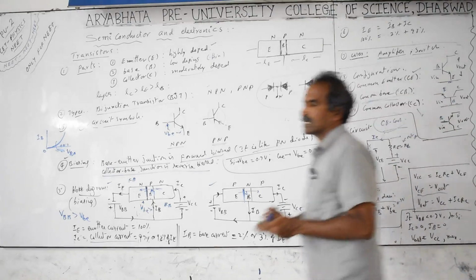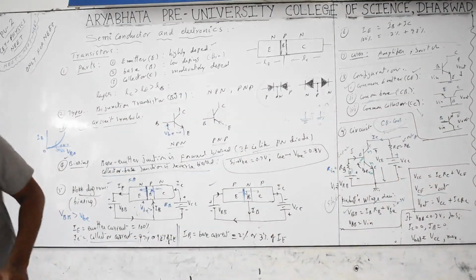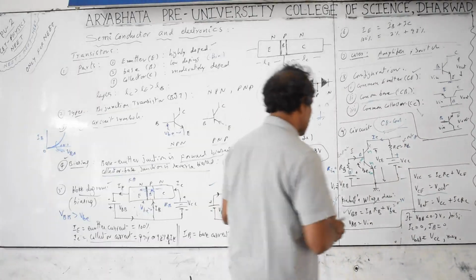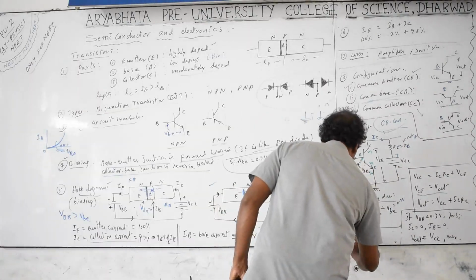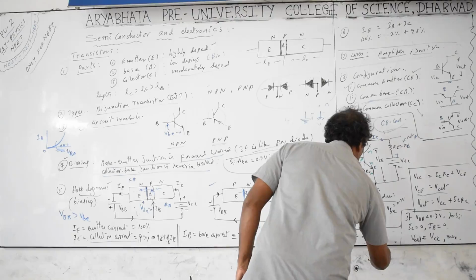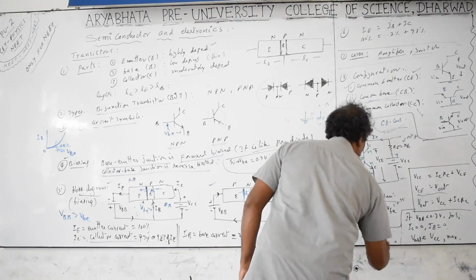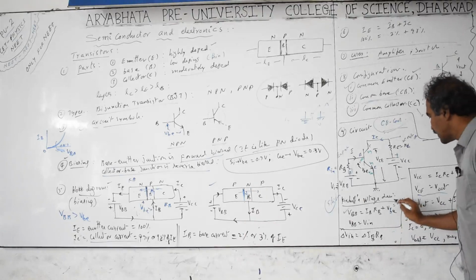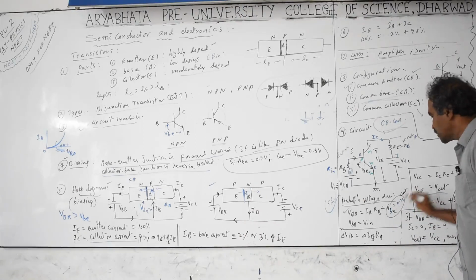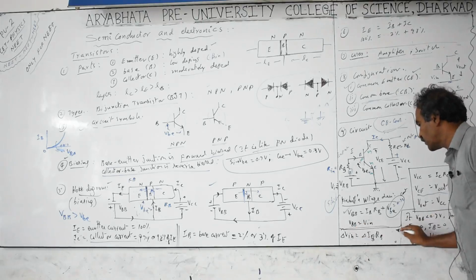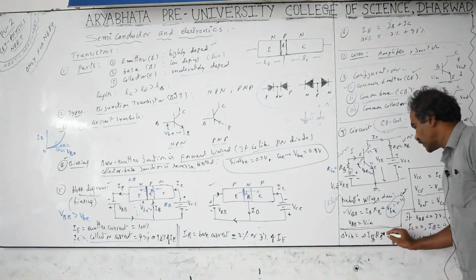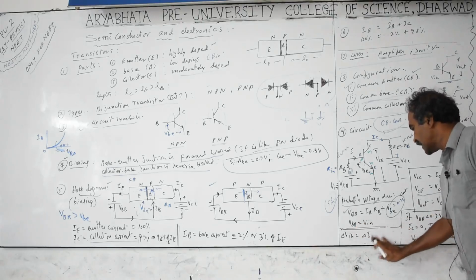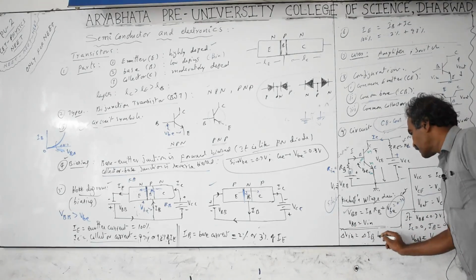Delta VBB means delta input, and we write this as delta V in is equal to delta IB into RB. The VBE part is 0 because VBE is constant. When it changes, only this part changes. The input voltage equals delta IB into RB, the voltage across the input resistance.